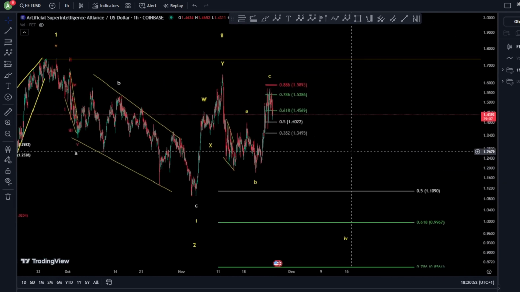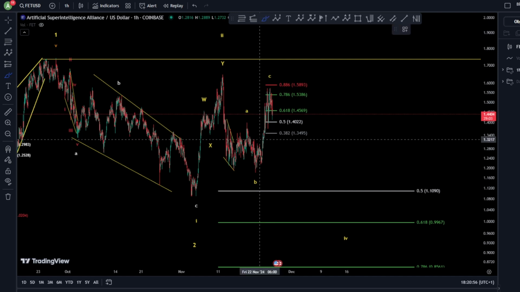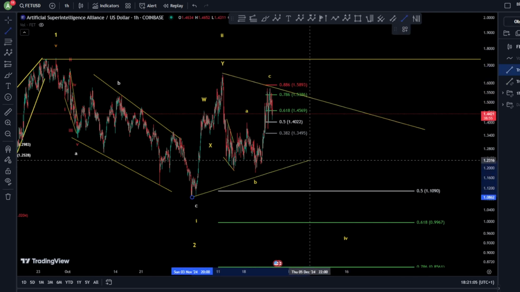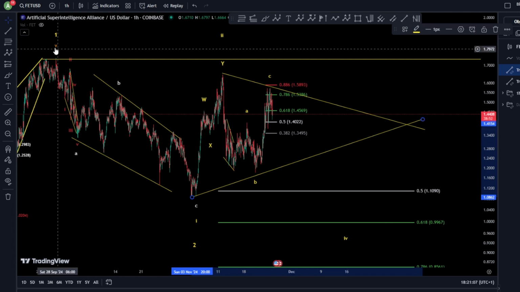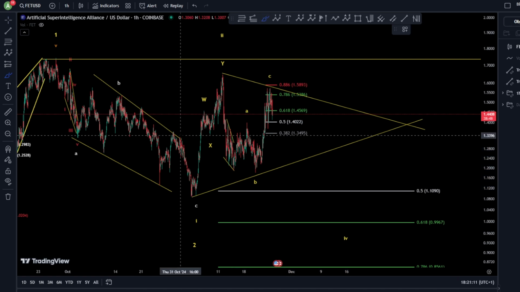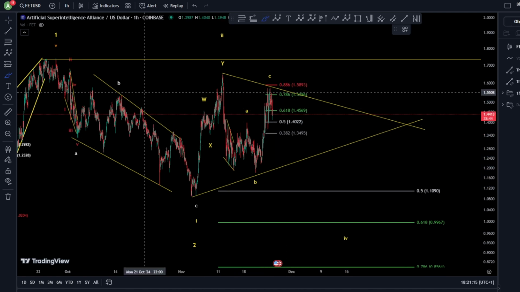Now, another possibility, as I said, is a sideways range. It could be a triangle. Yeah, it could be that it is forming a triangle. So that is very, very possible, where we are looking at A, B, C, D, and E, and that can bring us back to a bullish scenario.